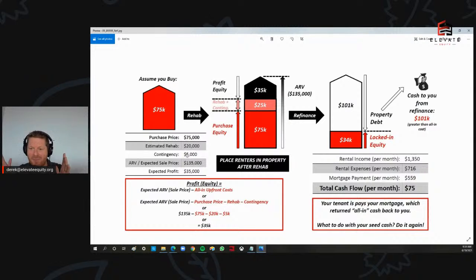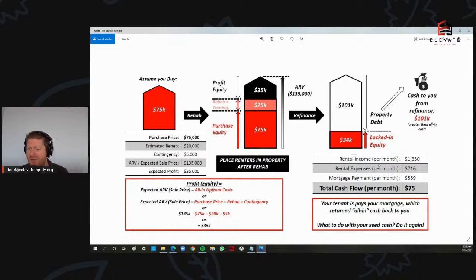All they know is that the property is worth $135,000 and there's no loan on it. So they're willing to loan money to you because they'll make interest off of it. So once you do that, you take the $100,000, right, as a loan, and that goes to you as the owner, and you have to pay that back in the form of a mortgage payment, which your resident is paying on your behalf.